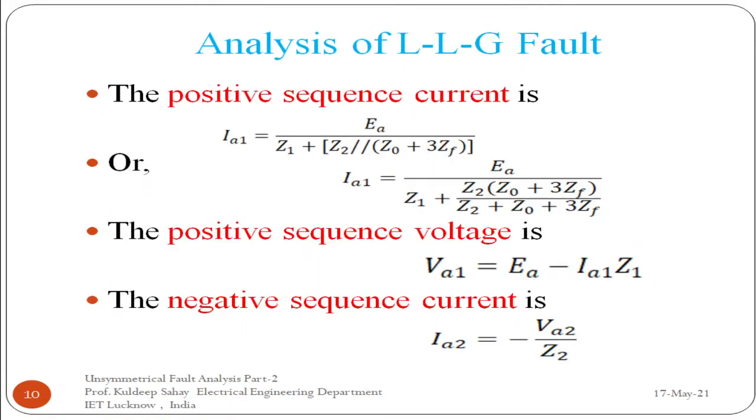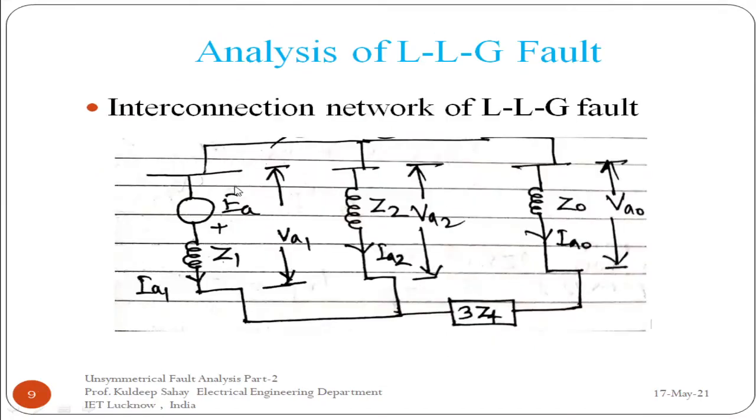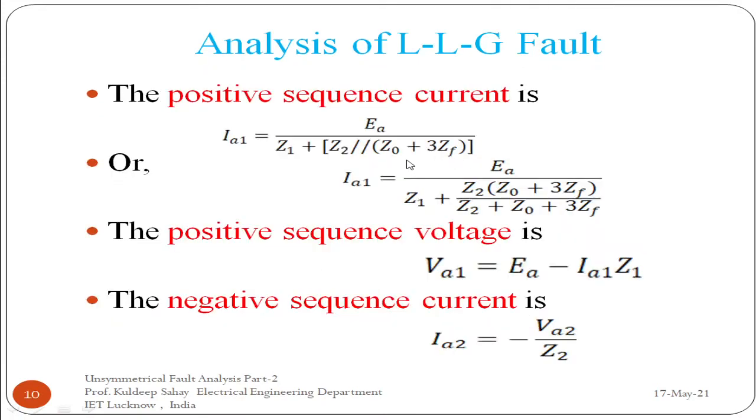Now the positive sequence current IA1 is equal to EA divided by Z1 plus the parallel combination, where Z0 plus 3ZF is in series, and this series combination is in parallel with Z2, and that is added to Z1.